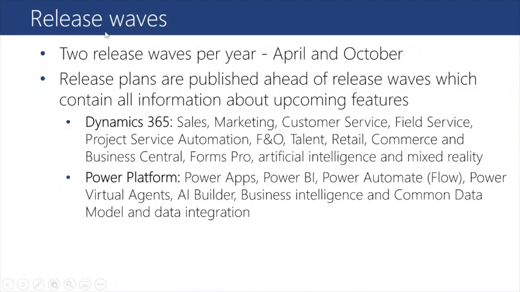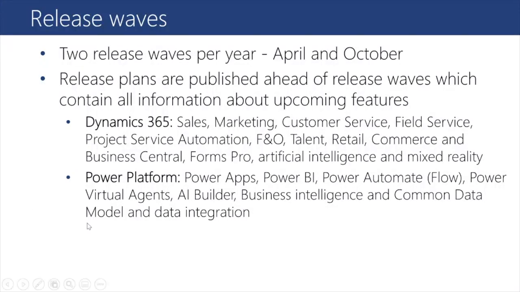So let's start with the release waves. We have two major release waves per year. One starts in April and another one in October. We publish release plans for these release waves a couple of months before. These release plans contain all information about planned upcoming features.